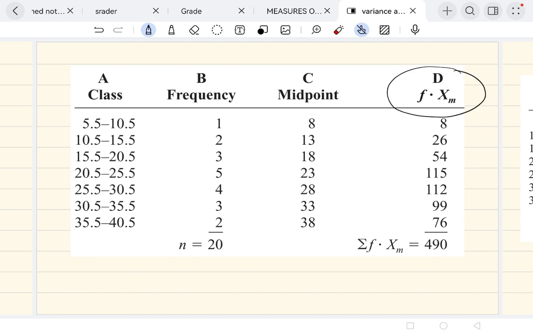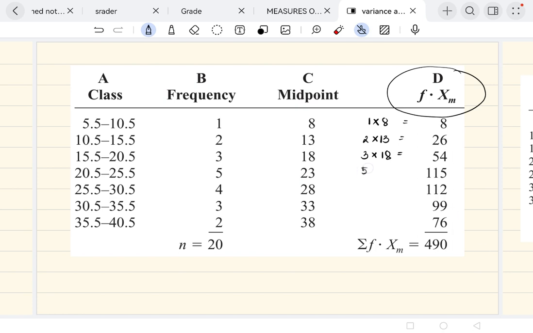So we have 1 times 8 equals 8. 2 times 13, that is 26. The next frequency is 3 times the midpoint, which is 18, that is 54.